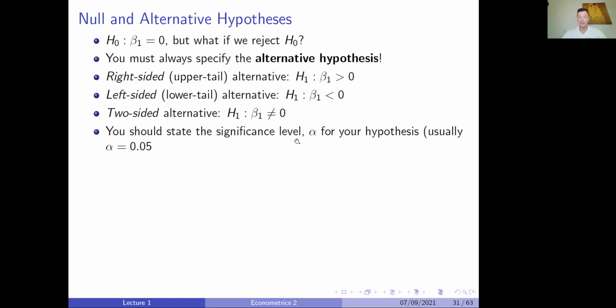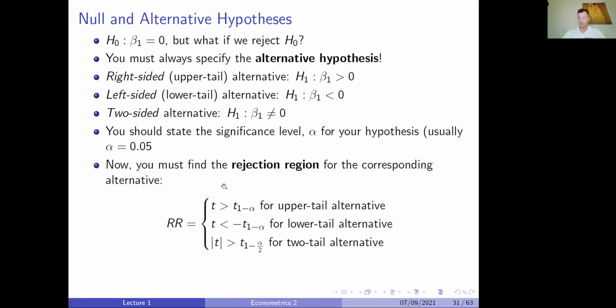So you need to state the significance level alpha for the hypothesis. Usually we take alpha as 5%, or 0.05. Now you must find the rejection region for the corresponding alternative. The rejection region depends on which alternative you have. For the upper tail alternative, the t-statistic from the previous slide must exceed the 1 minus alpha quantile of a Student distribution.